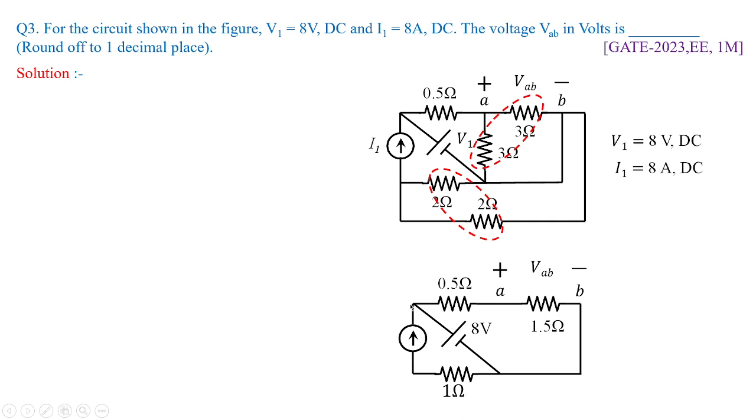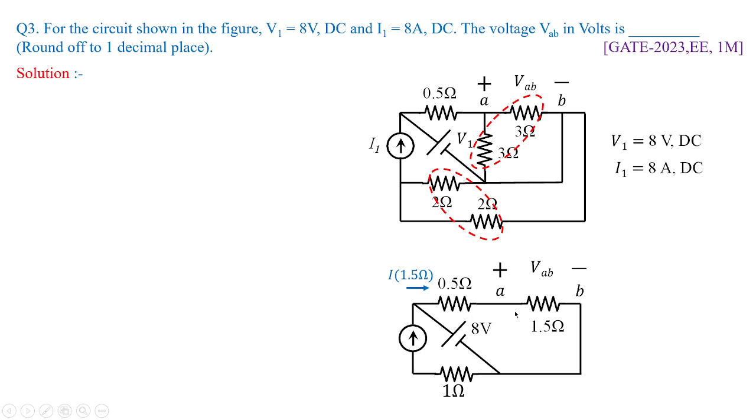Now carefully observe, this 8 volts is connected on top before 0.5 ohms, and the bottom is connected directly to B. In fact, 0.5 and 1.5 are in series, and that combination is arranged in parallel to 8 volts. And since it's a parallel circuit, 8 volts will dominate over this entire branch where the current is going to flow.